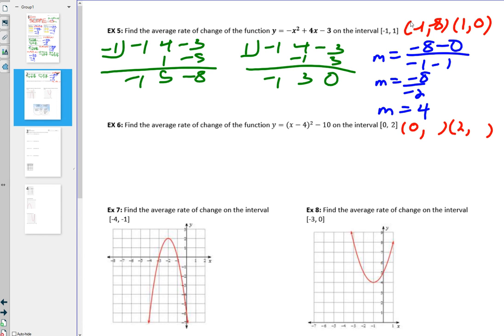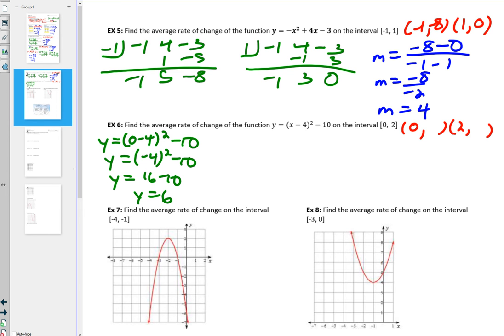So the first time when I put in a 0, 0 minus 4 squared minus 10. So that's -4 squared minus 10, which is 16 minus 10, which is 6. So 0, 6.